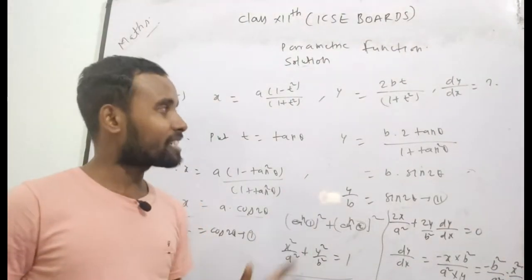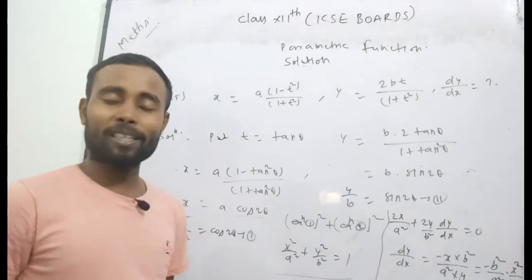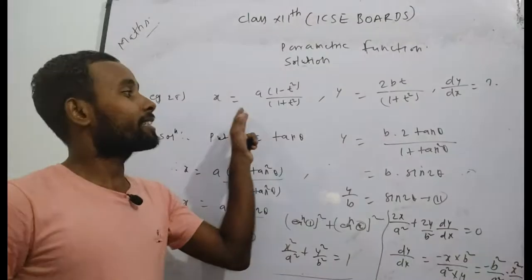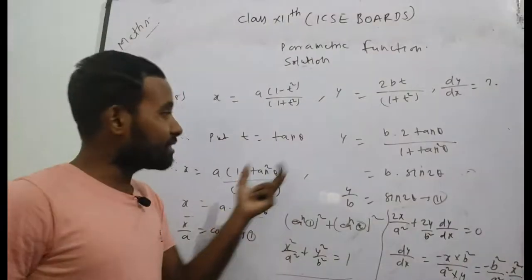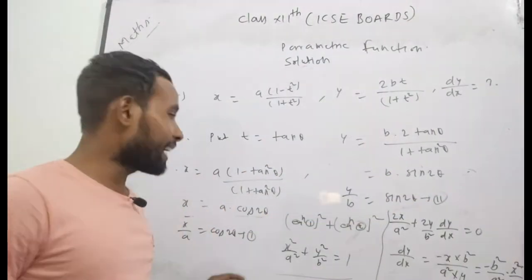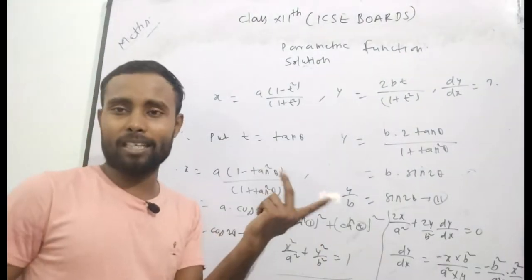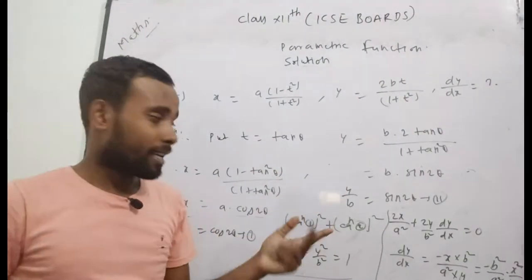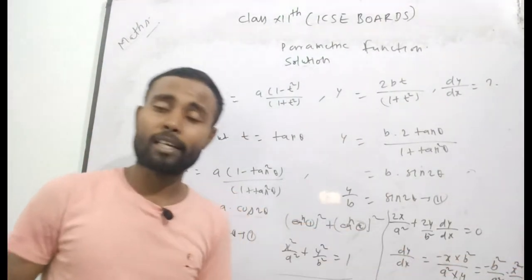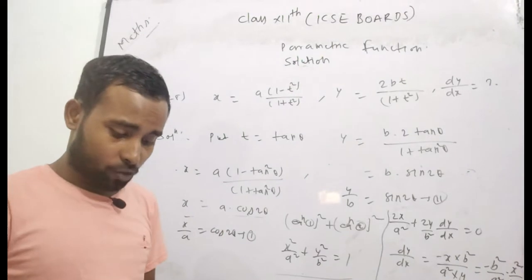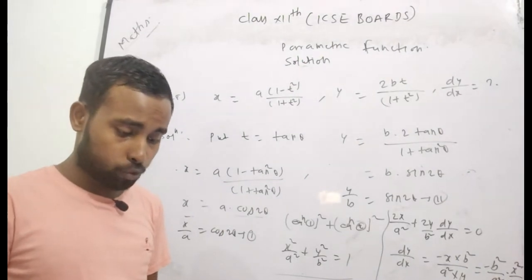I think you can see what is given in this question: nothing. Simply it is a standard problem expressed in sine and cos form. Again I have eliminated theta by manipulation, and finally you will get dy dx as minus b square upon a square into x upon y. I think you understand this question very well.